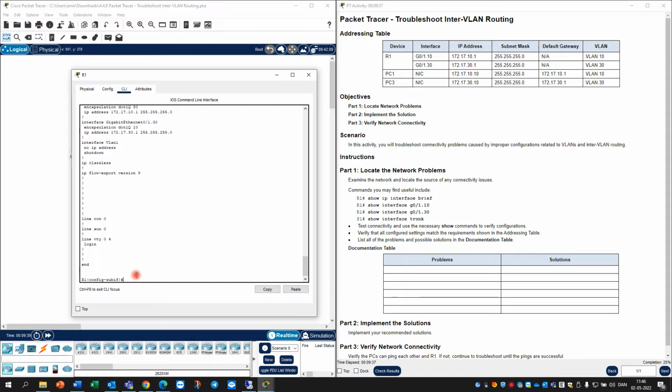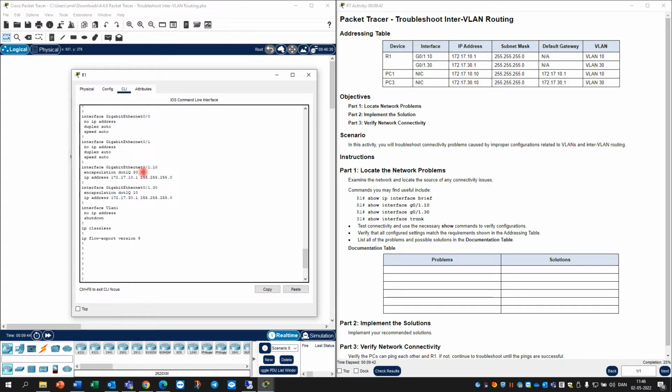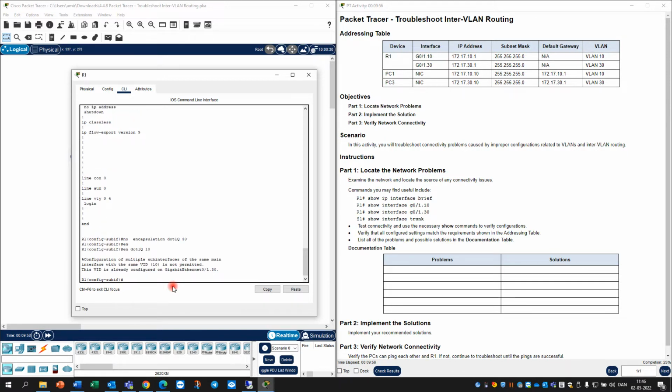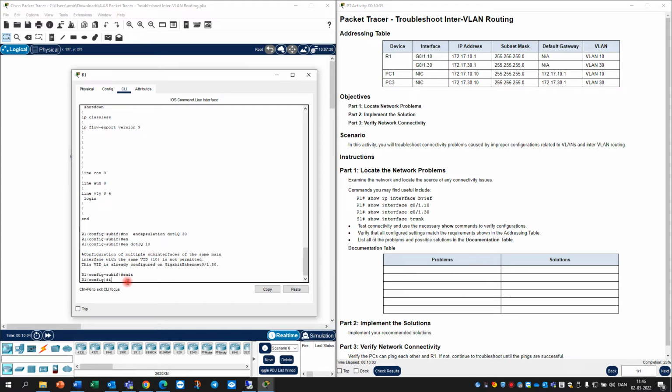In a sub interface, you should write first no encapsulation dot1Q, and then encapsulation dot1Q 10. And we should also fix the other one. Interface, and come back to fix it.